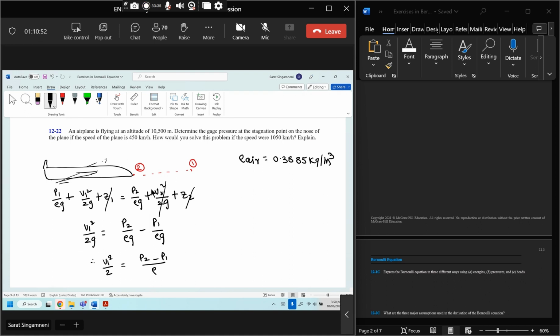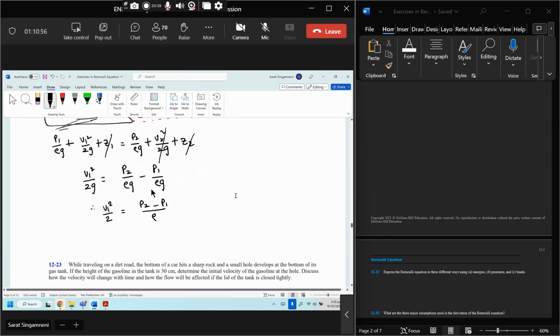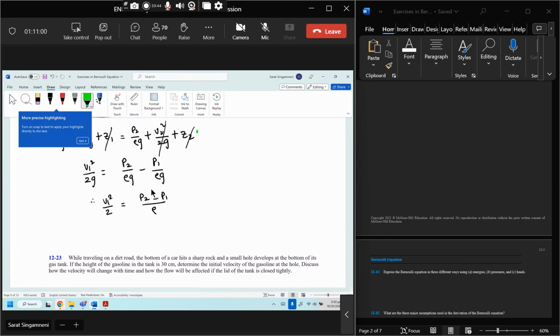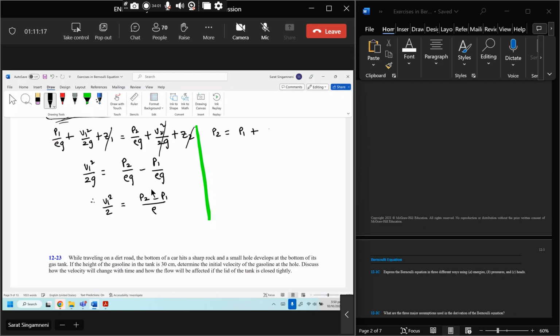Or can we write P2 is equal to, rho is multiplied on the other side, P1 plus rho V1 squared over 2.